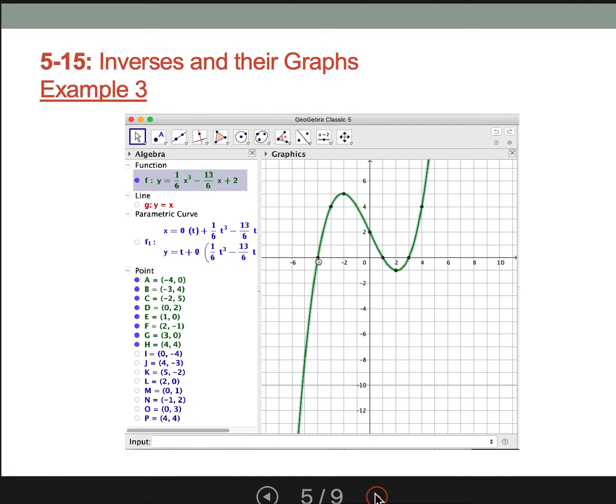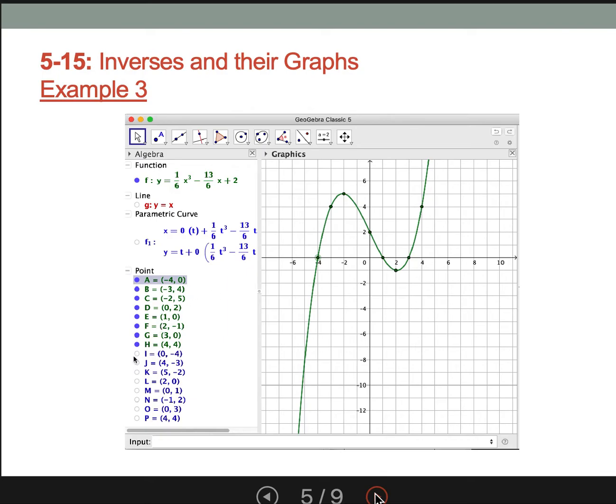So anyways, we graphed these points on this cubic function. We've got the points -4, 0, -3, 4, -2, 5, 0, 2, 1, 0, 2, -1, 3, 0, and 4, 4. So again, we're going to graph all the inverses of them.